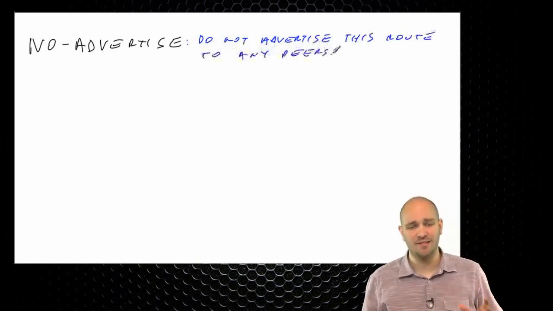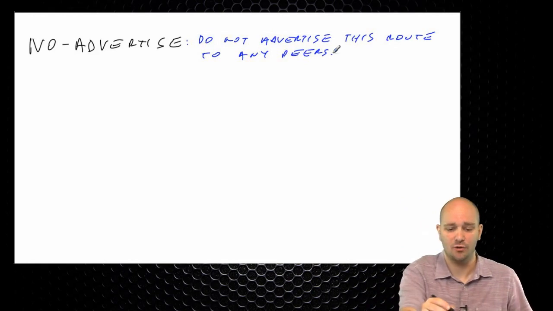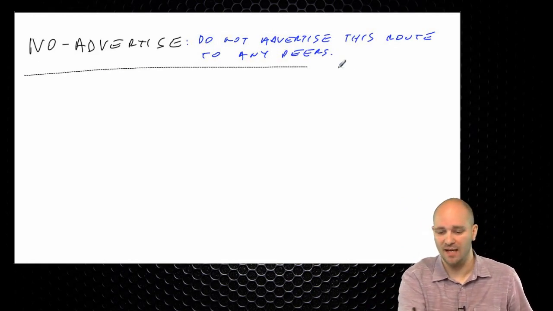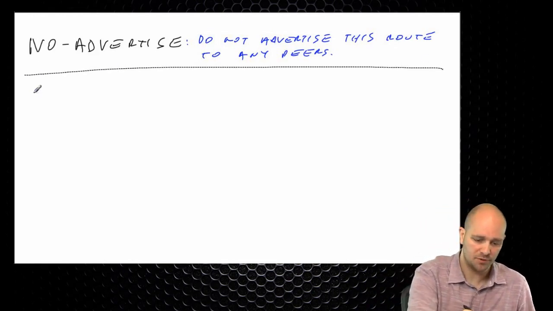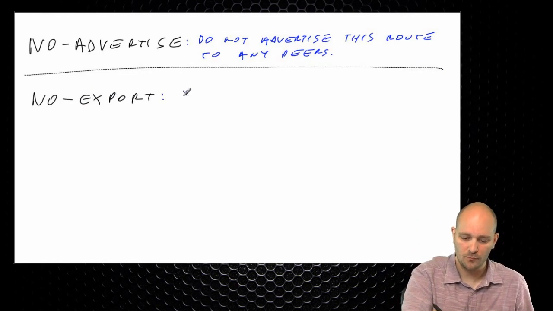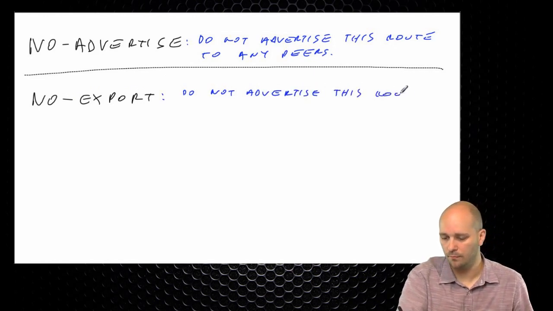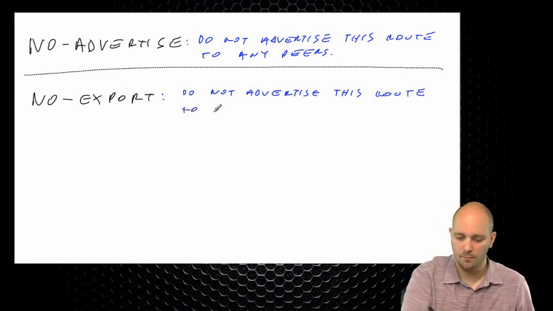So if the router has a route in its BGP table that has the no-advertise community, it will not advertise this route to any peers. That's a simple one. Now, no-export simply means do not advertise this route to any external peers.